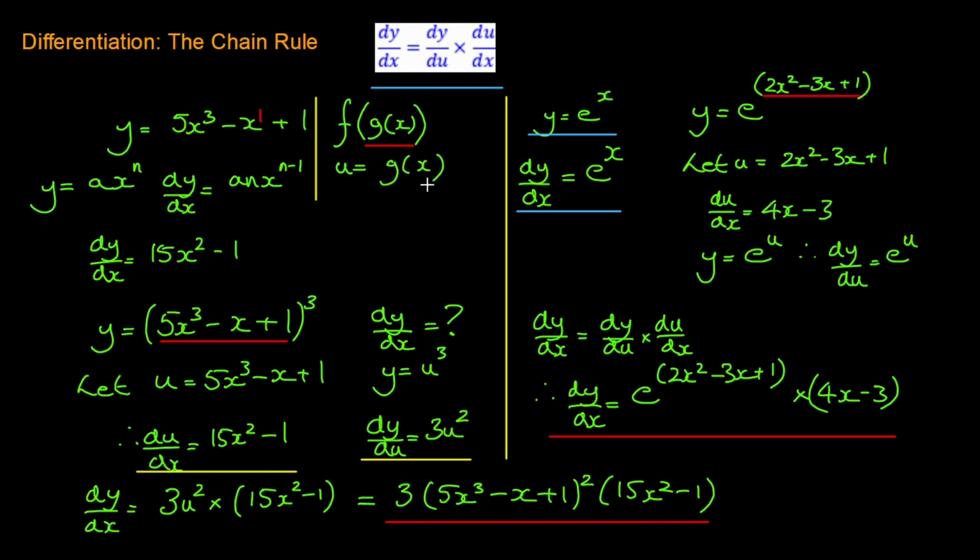So writing the differential down in function notation, we get dy/dx is equal to f prime g of x multiplied by the differential of our substitution, which we can describe as g prime x.